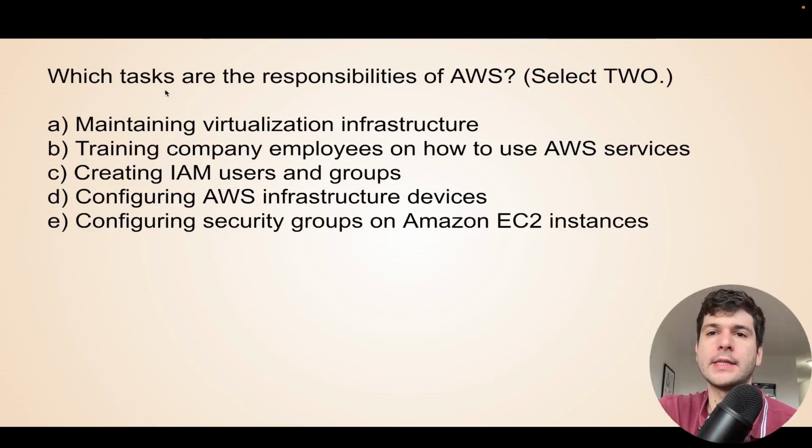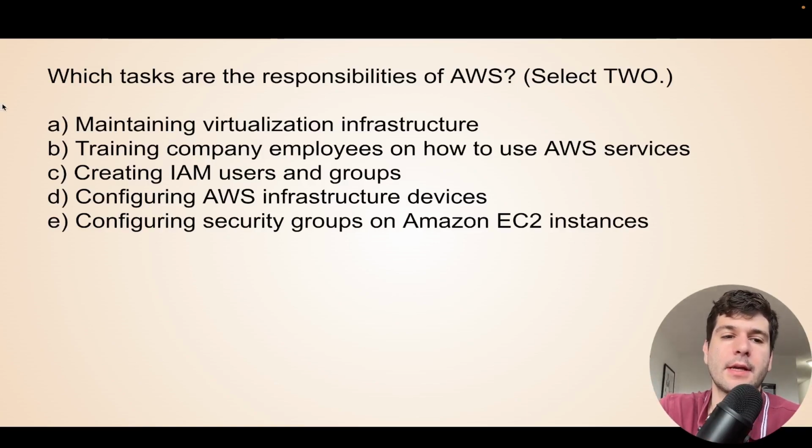So before we read these possible answers, remember AWS is responsible for things like security of the data centers, the infrastructure, maintenance of those physical servers. And we as customers are responsible for things we can control, like the IAM users and accesses, to make sure we're giving our users the least privilege that they would need to do their job.